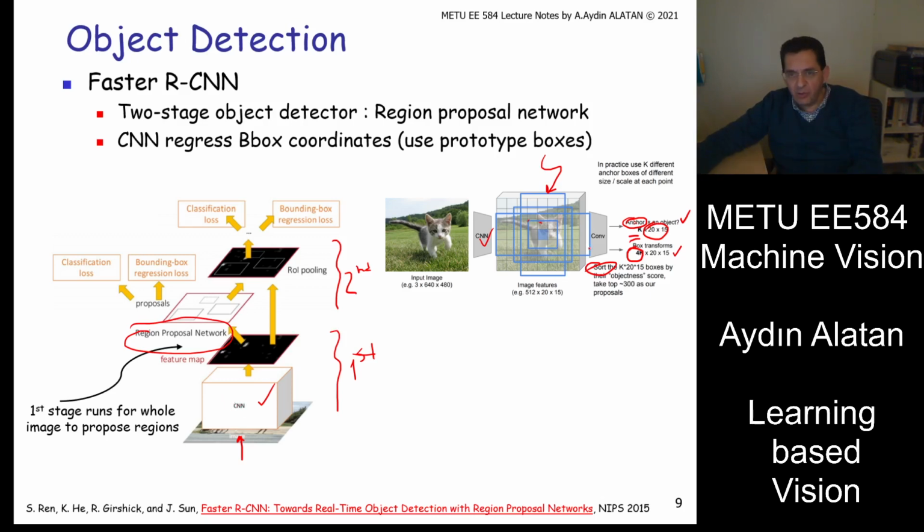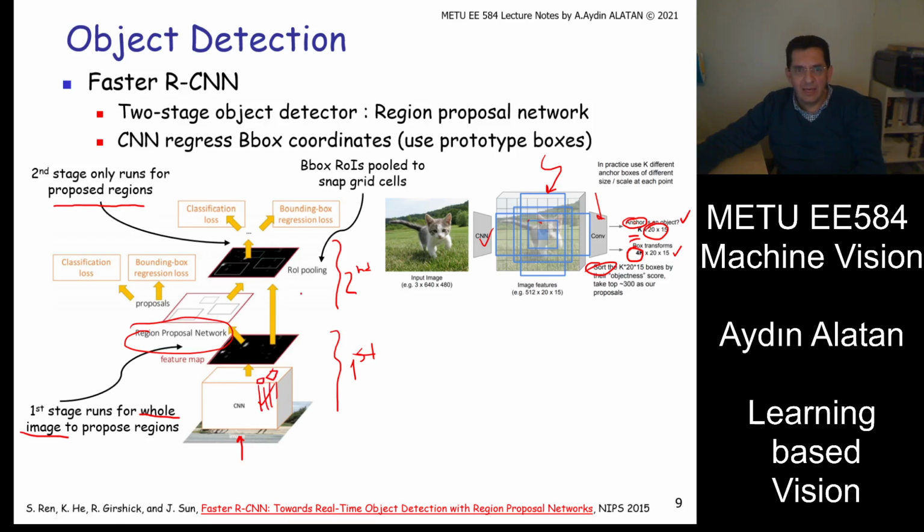Now, once we go to the second stage, we will run only for the proposed regions, not the whole image. As in the beginning, we used the whole image for proposing regions. Now I'm going to use only those proposed regions, but obviously using these features already obtained here.